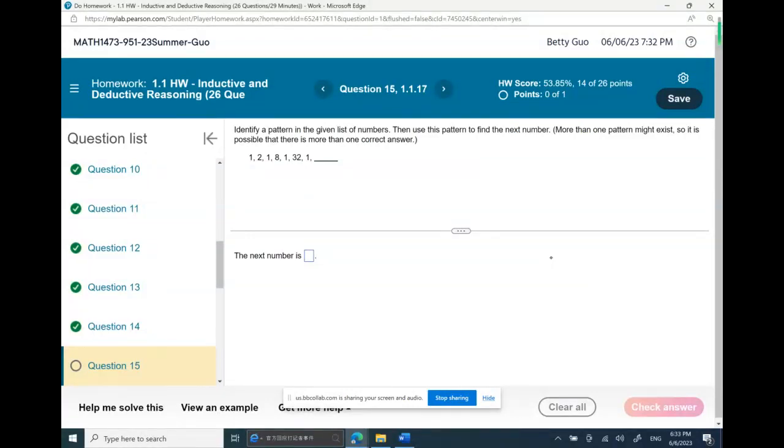I only look at 2, 8, 32. 2 times 4 gives us 8. 8 times 4 gives us 32. So the pattern is multiplied by 4, right? What is 32 times 4? 128.